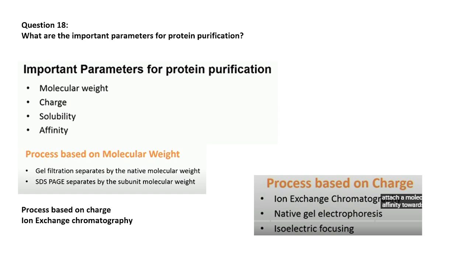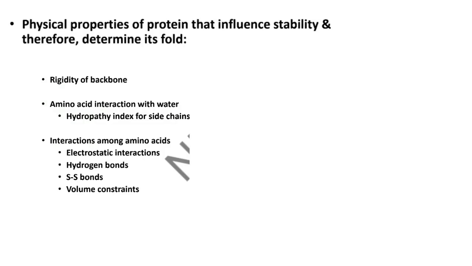Based on charge, it's ion exchange chromatography, native gel electrophoresis, and isoelectric focusing. So last point, I want to tell the physical properties of protein that influence stability and therefore determine its rigidity of the backbone and amino acid interaction with water.